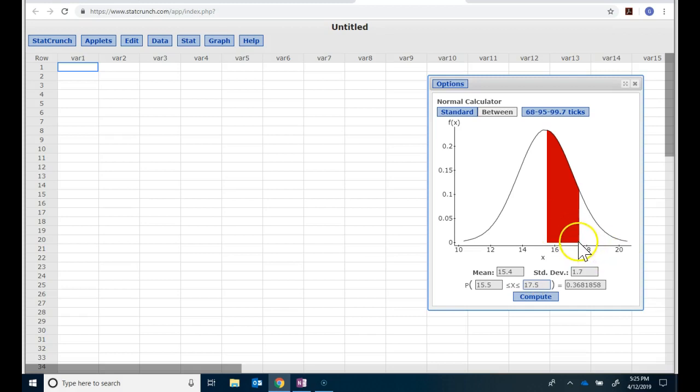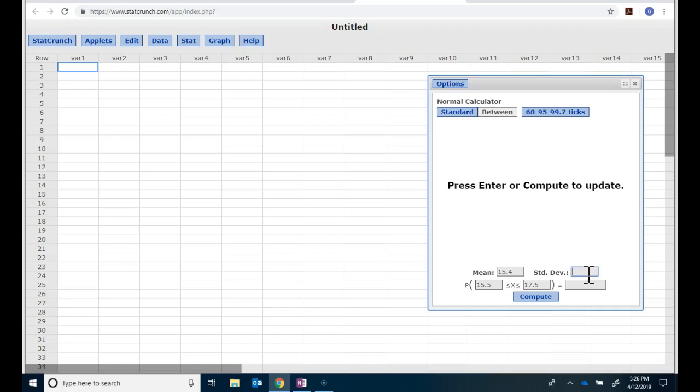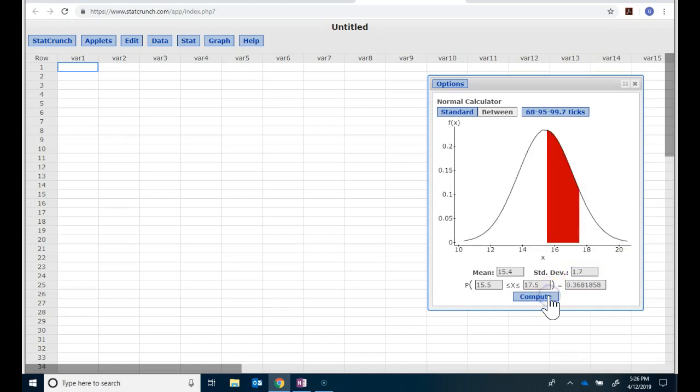It isn't anymore. With a standard deviation of 1.7, it's not even 2 standard deviations away from the mean. It's like 1.5. But when I go in, oh, sorry, let me just show one more thing. It's going to be 0.368, right?